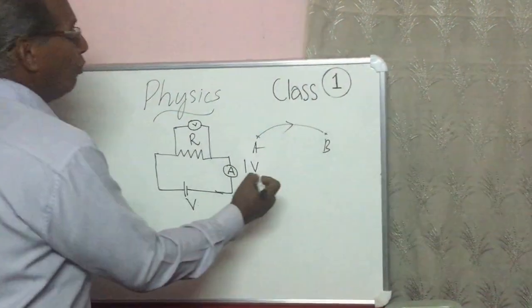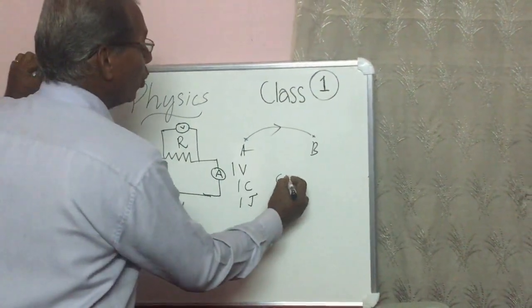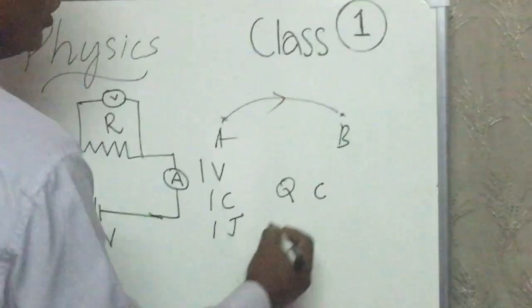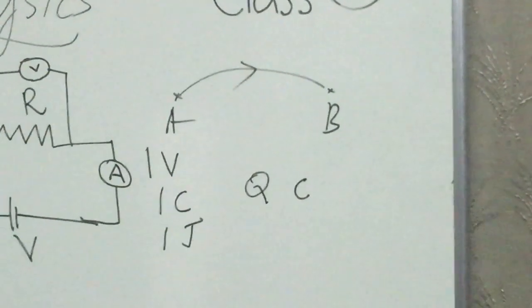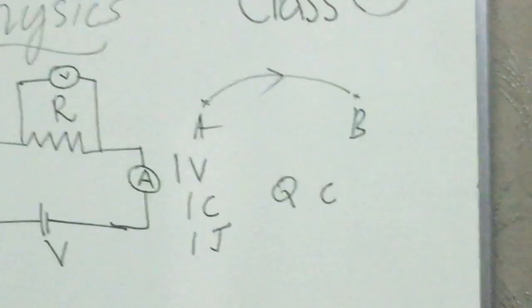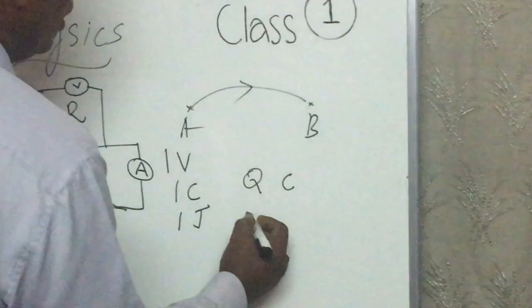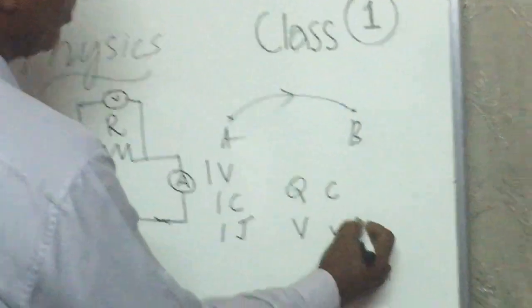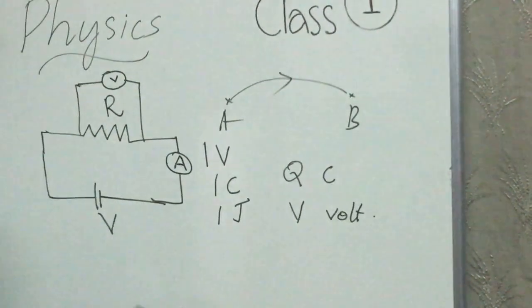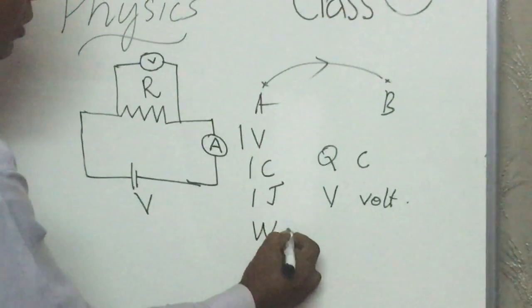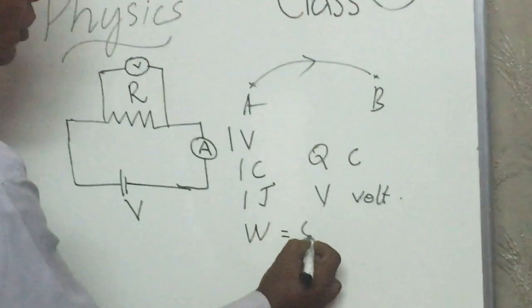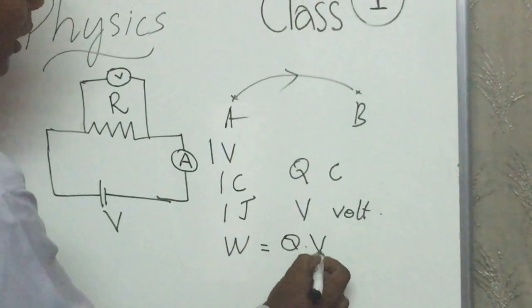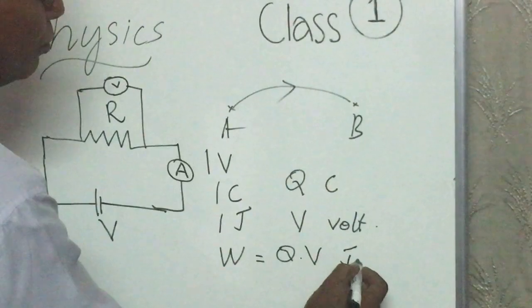If we shift Q coulomb, coulomb being the unit of quantity of electric charge, with potential difference V volt, the work done is equal to Q into V joule.